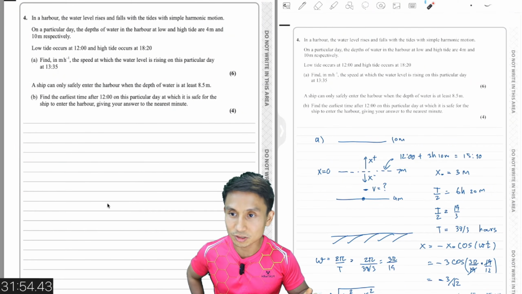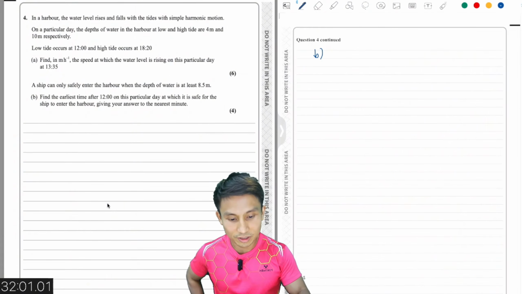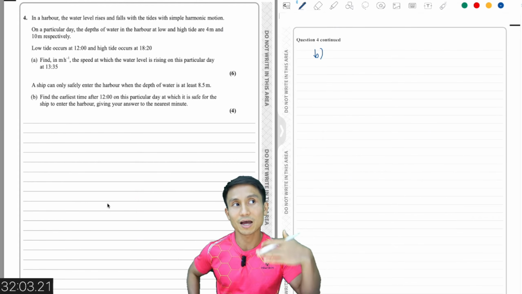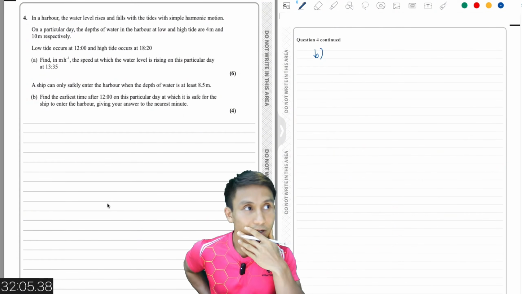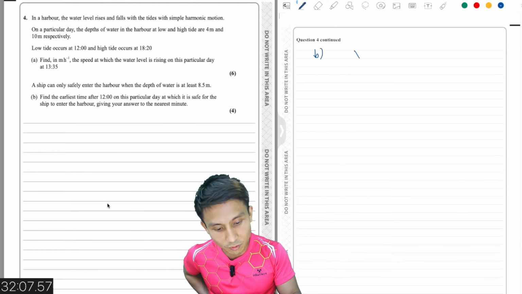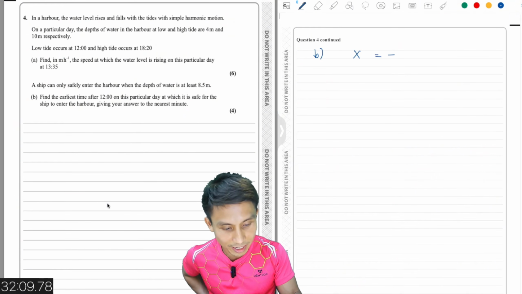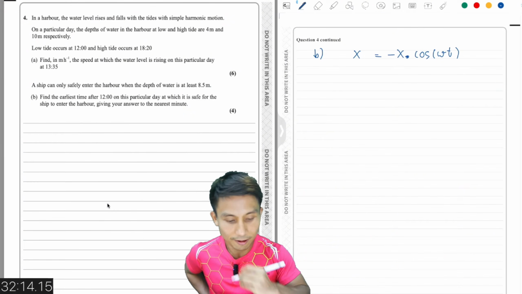Let me just check the question. Yeah, find the earliest time. So that's fine. We can just find the first time after it passes the equilibrium. Well, our equation was x equals minus x naught cos omega t, right?